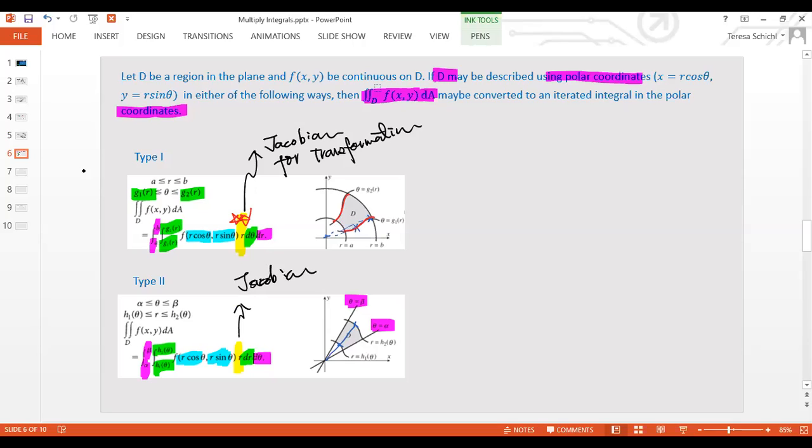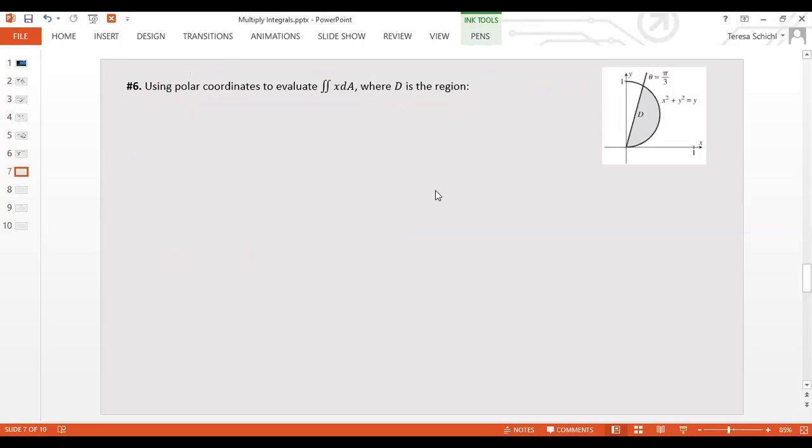Now let's take a look at how we do this. It sounds pretty complicated, but in fact it is not. I want to integrate this over D. So this is x dA, and this is the integration over the Cartesian.